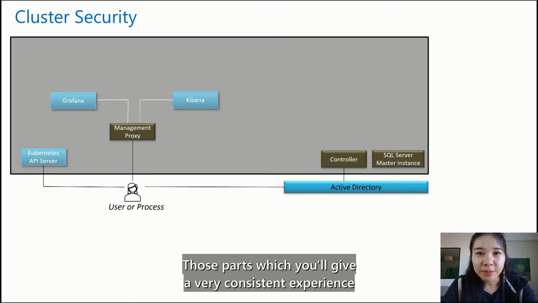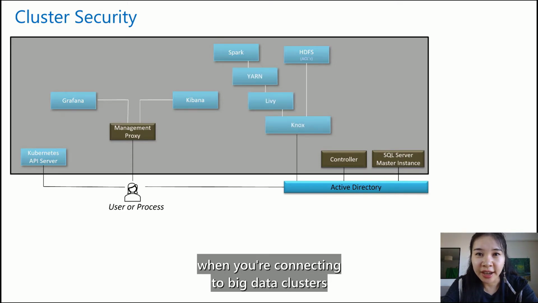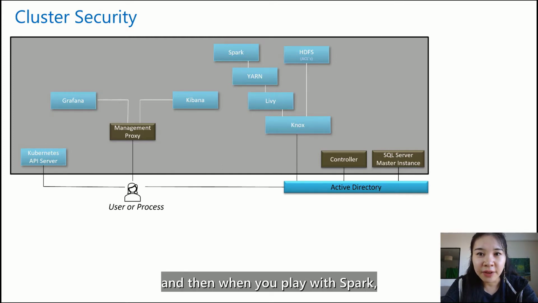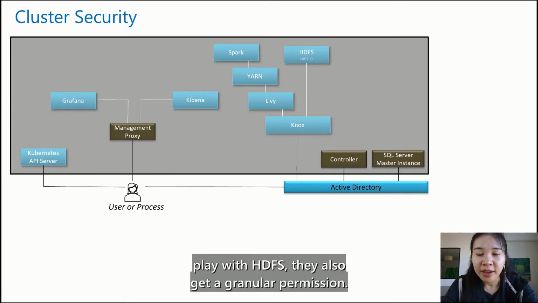And those parts will give a very consistent experience when you're connecting to big data clusters using Azure Data Studio from your local laptop. Basically, it will connect to the SQL master instance, and then when you play with Spark, play with HDFS, they also get granular permissions.